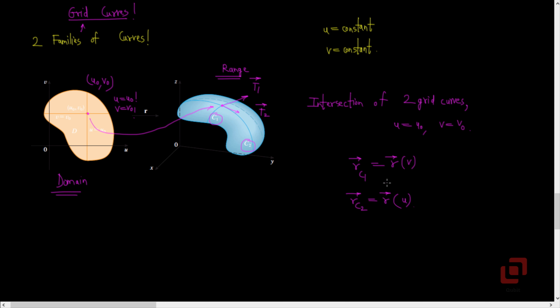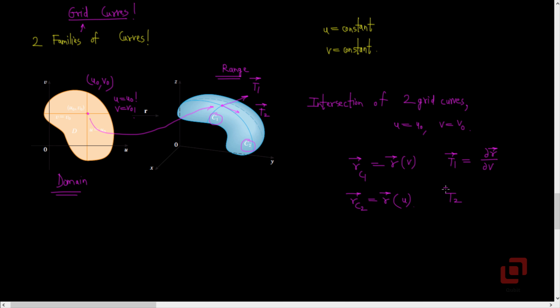From the theory of parametrization of curves, which we discussed in the previous video, the tangential direction T1 bar will be given by differentiating r bar with respect to v. Now I'm using the partial derivative symbol here because r bar in reality is a function of two variables.